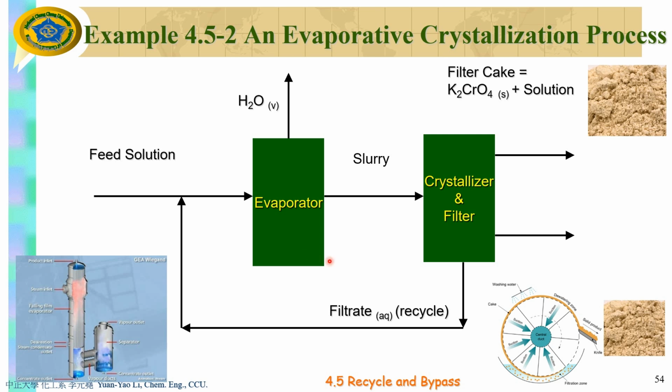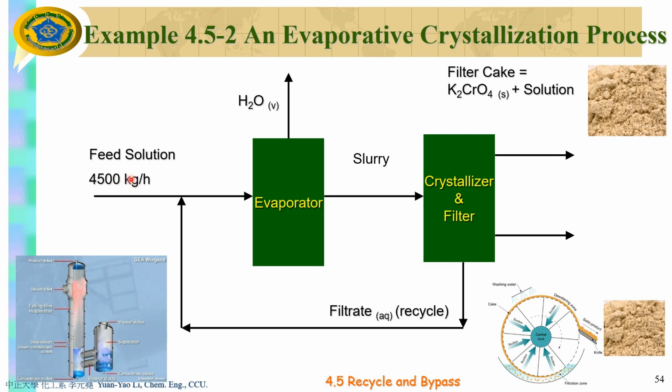Please take a look at the slides in the front. 4,500 kilograms per hour. This is the feed solution, right? And then by mass, so you know that. And 1/3 potassium chromate by mass is joined by the recycle stream containing 36.4% potassium chromate.